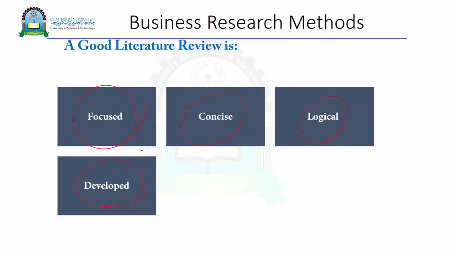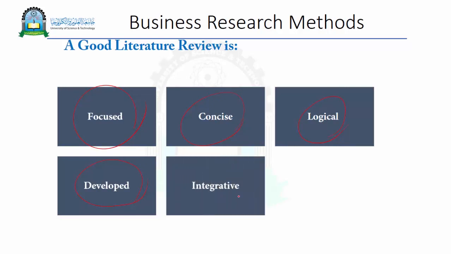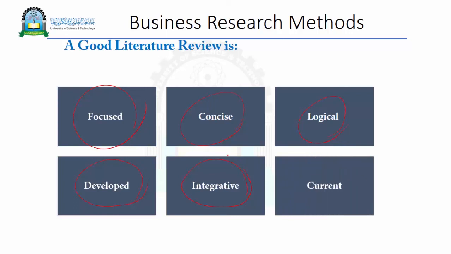As we said, we write from general to specific, starting with a wide general topic, then subtopics, and then integrative. From the beginning till the end of the research work, it must talk about one issue, connected, integrated, and current, that means related to the current issues and the problem.